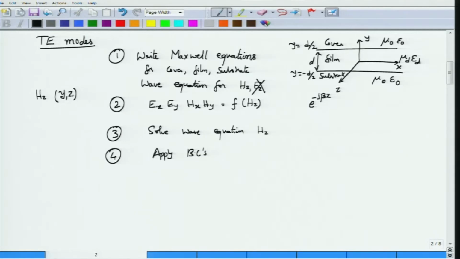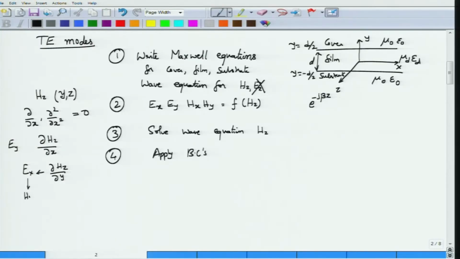Why is that so? Again, the reason is that del by del x terms have dropped out because the slab is essentially infinite along the x direction. So all these terms like del by del x and del square by del x square would be equal to 0. So because of this fact, you will not find del Hz by del x, which would have given you a component along Ey, right? Rather, what you find is that you will have Ex, because you will have del Hz by del y, you will find an Ex component.